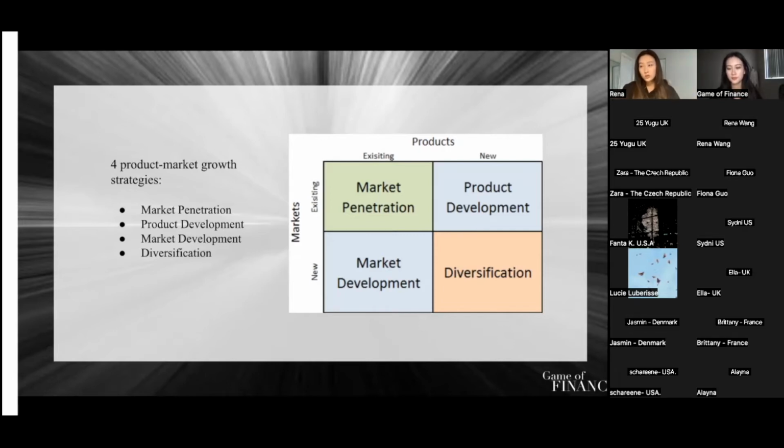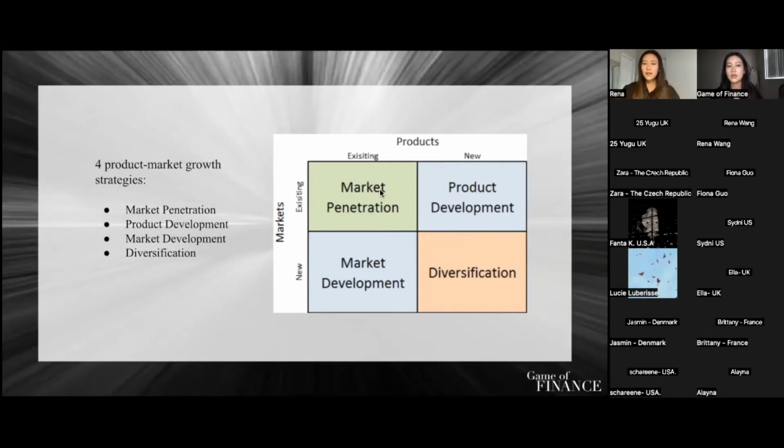So if we do use this model to analyze a business when it comes to investing or stocks, you want to find companies in all 3 other categories rather than this one. But it also depends on what type of investor you are. Say if you're a family member, that tells a whole different story.